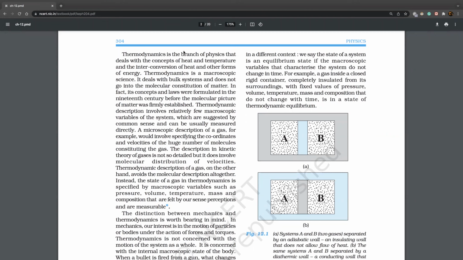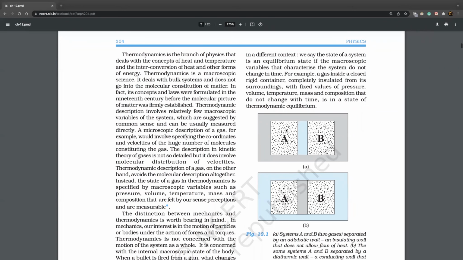If you have studied the ideal gas equation, PV = nRT: number of moles, volume, pressure, temperature. These are macroscopic variables because they're observable by the naked eye, and they deal with a large amount of things. It's not very, very small, although there are attractions between molecules.